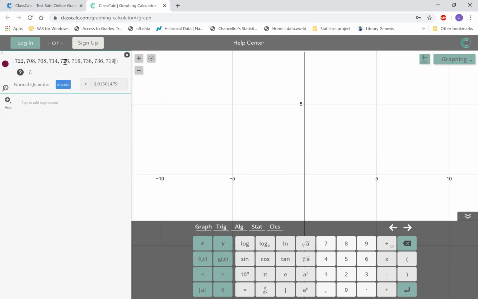That's what you want to go ahead and do: enter all of these values into it.